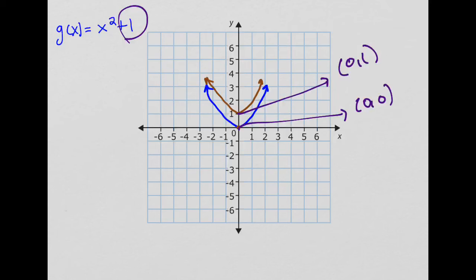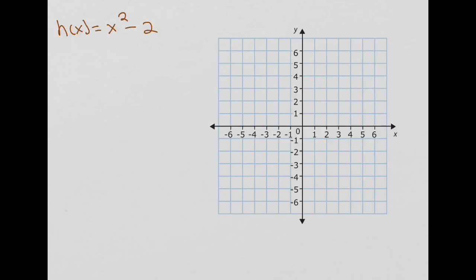Now, let's see another example. Again, the first thing that comes to my mind is the home base graph, f of x equals x squared. This is the original. This is the one that I always picture. And then it says minus 2. That means I'm going to go down 2 in the y axis.